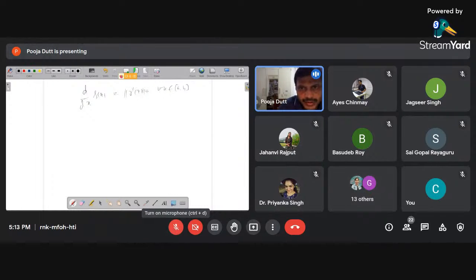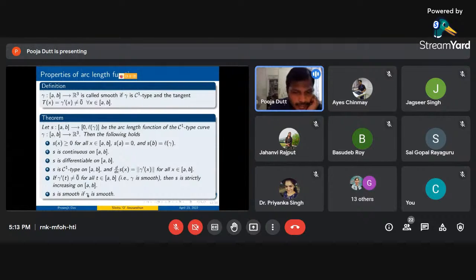Since this is always non-zero, the derivative of S is also always non-zero. That means the function S first of all becomes differentiable. Since the derivative is continuous, S is once differentiable, and the derivative is non-zero because we have taken gamma to be smooth, and hence S becomes smooth. So smoothness of gamma ensures the smoothness of S.